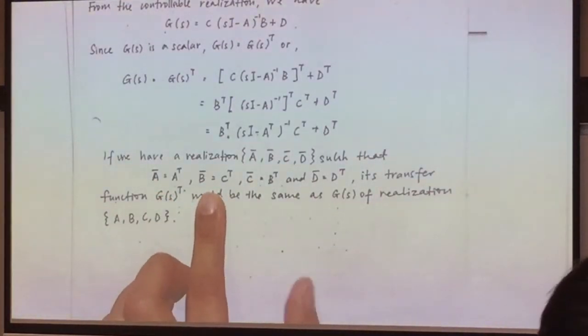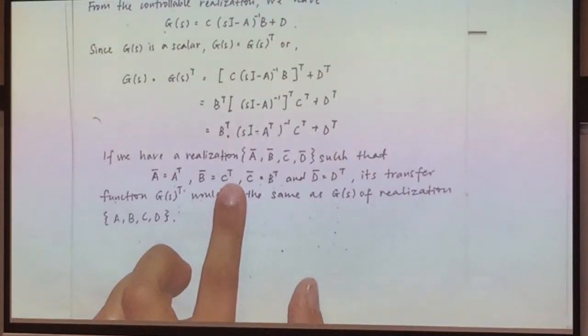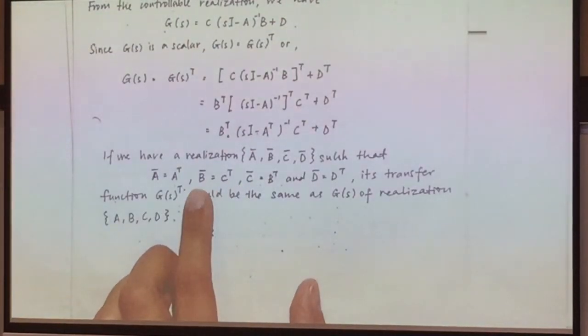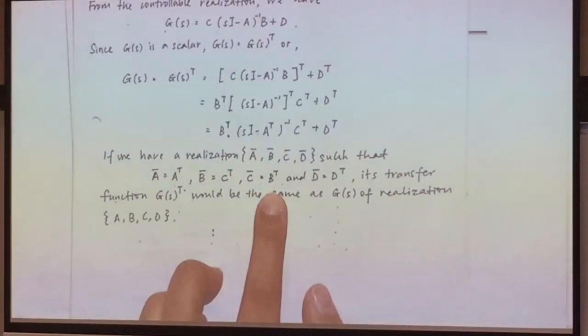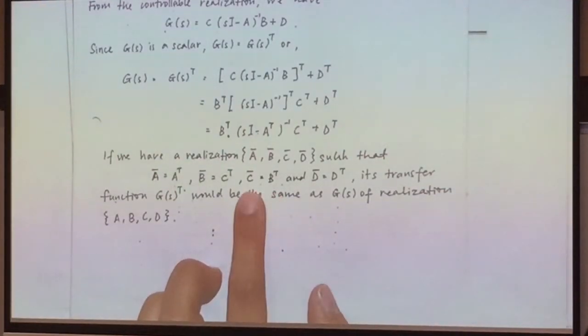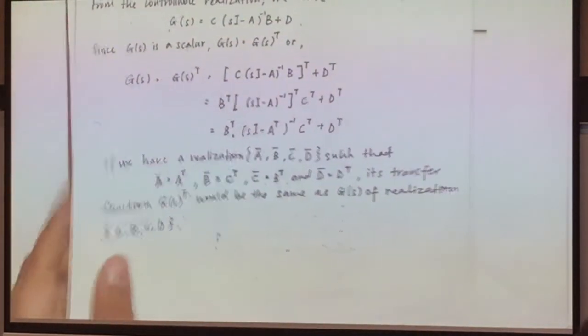Take the C for the controllable canonical form, you do the transpose. That is your B observable. Take the B of the controllable canonical form, transpose, and that is the C of the observable canonical form. Oh my god. Okay? So many things to bring.